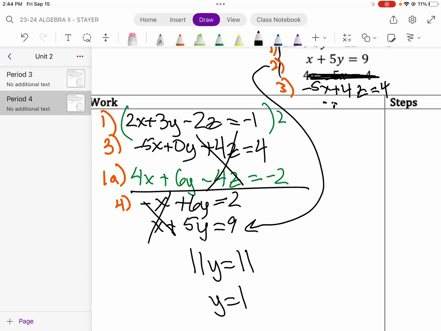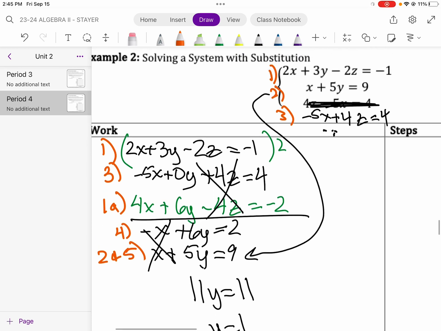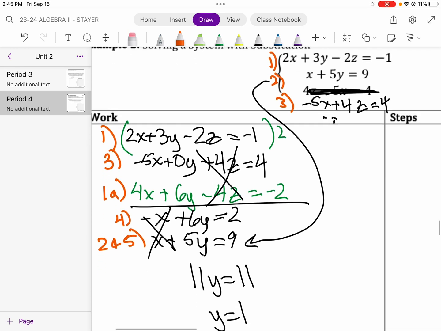I need an equation that has a y and one other letter. Sierra, can you find an equation 1, 2, 3, 4, or 5 that has a y and one other letter? 5. Yeah. And to be honest, 5 is the same as 2 up here in the original, so I could use 5 or 2.